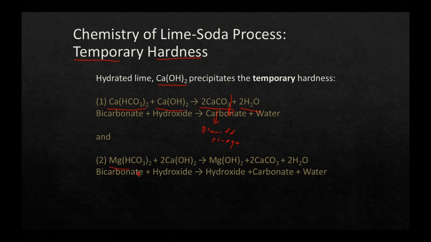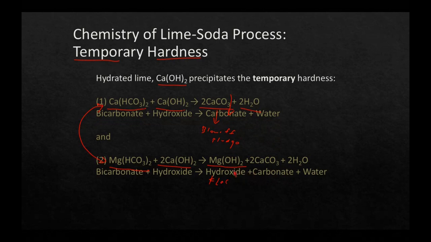Now, if it's magnesium bicarbonate, usually both of these species are present. Sometimes you'll have more magnesium, sometimes you'll have less. But regardless, you've got magnesium bicarbonate coming in, plus the calcium hydroxide gives you magnesium hydroxide, which is a flock. And that's very important.